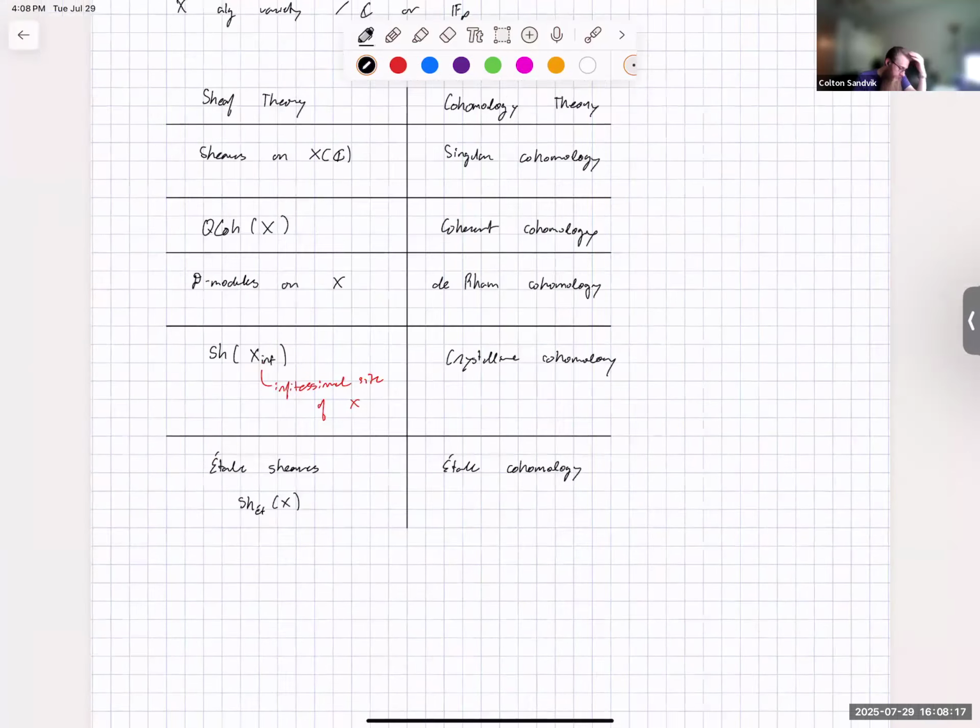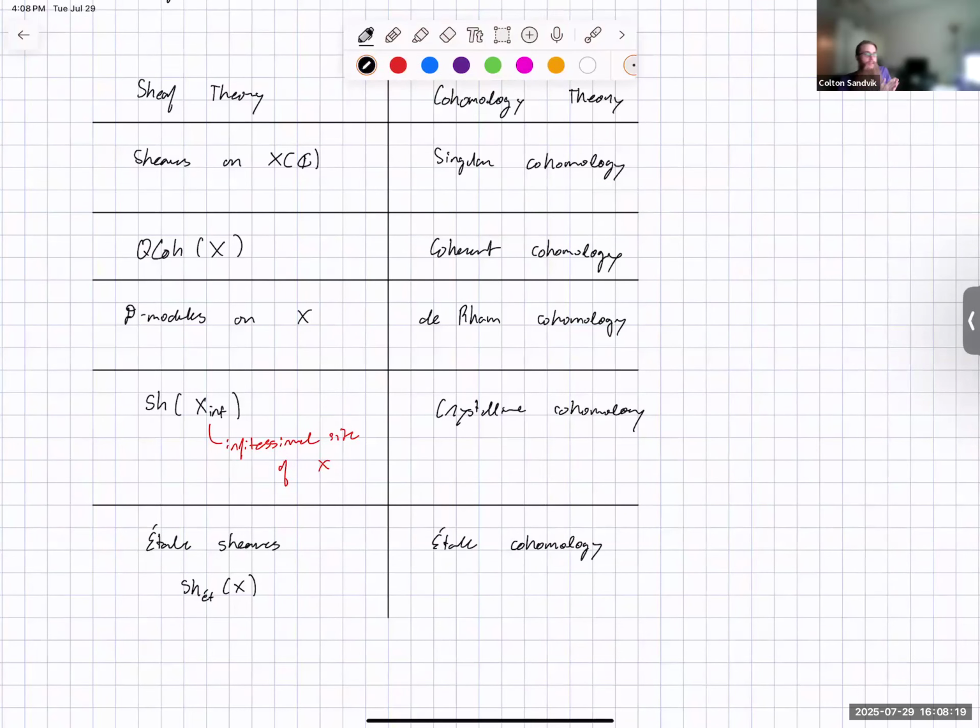The actual way you go about constructing these in all the cases is more or less the same. You want to look at a derived version of global sections, and all that actually changes is what ambient derived category of sheaves you are working with. In the first one, we're working with what are sometimes called Betti sheaves, or really this lives in the world of constructible sheaf theory.